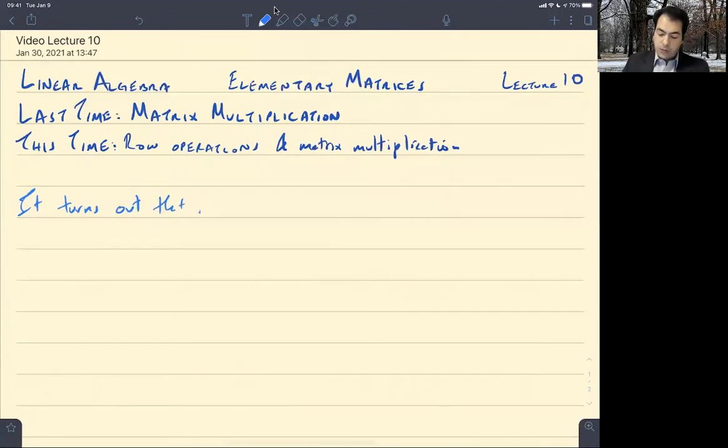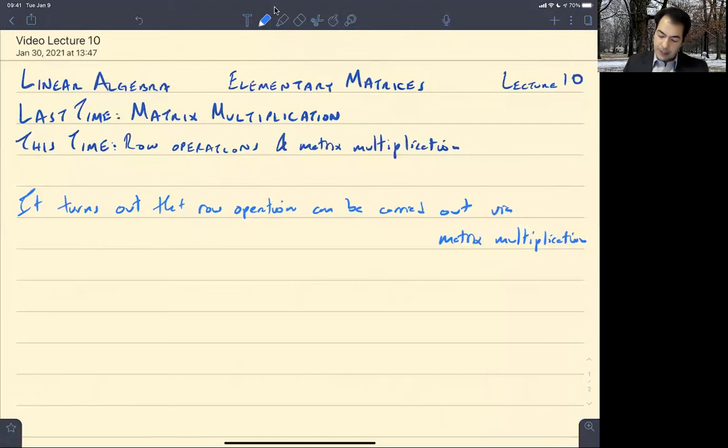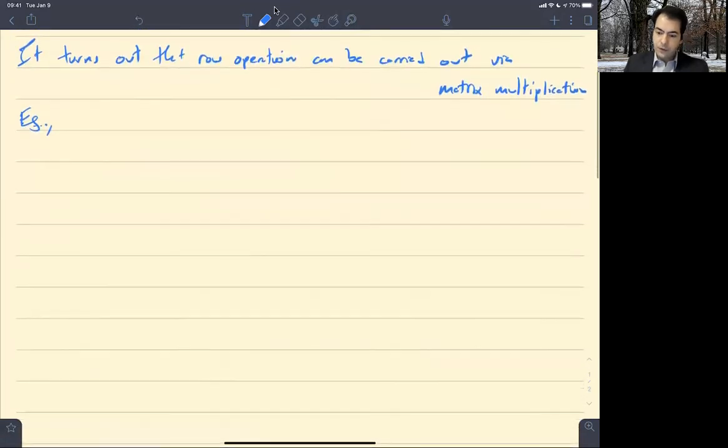It turns out that row operations can be carried out via matrix multiplication. So let's see some examples, just to see what I'm talking about.